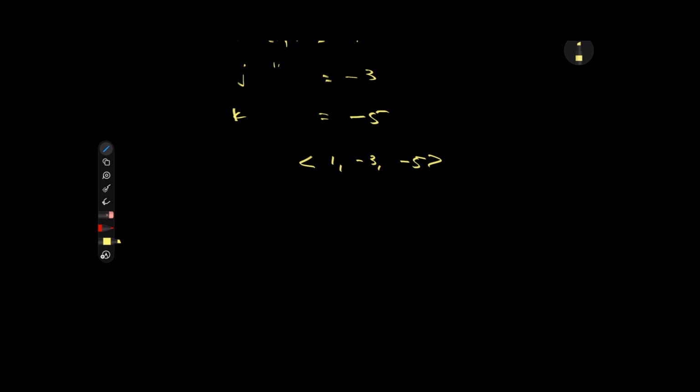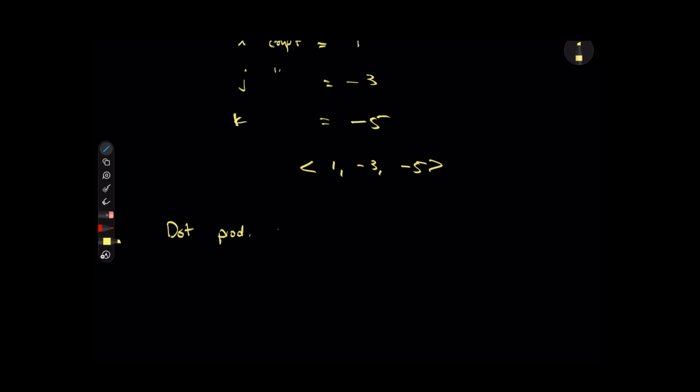Now, let's dot it immediately as we're already here. So the dot product with P2 minus P1 will be, so I'll have negative 2 by 1 plus 5 by negative 3 plus negative 5 by negative 5. So this is for the numerator. So this will be negative 2 minus 15 plus 25.